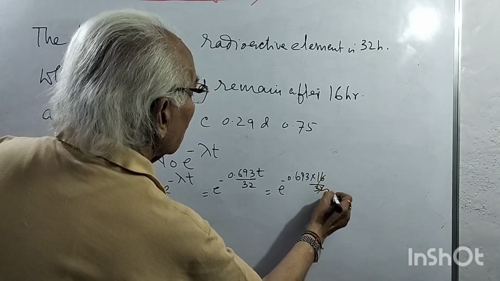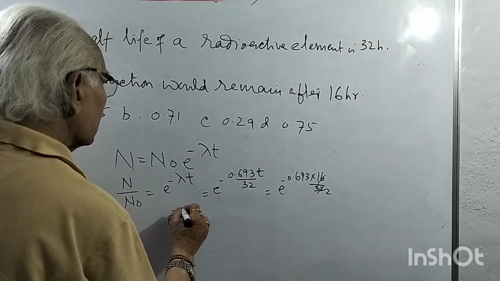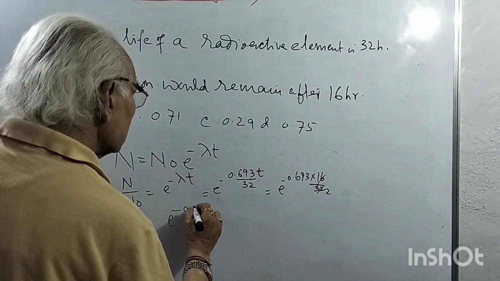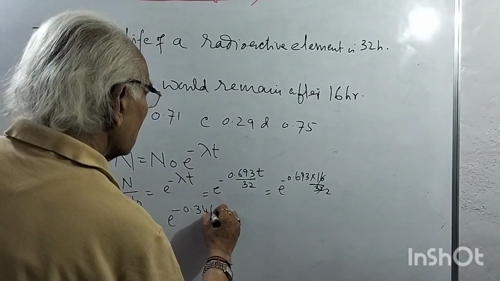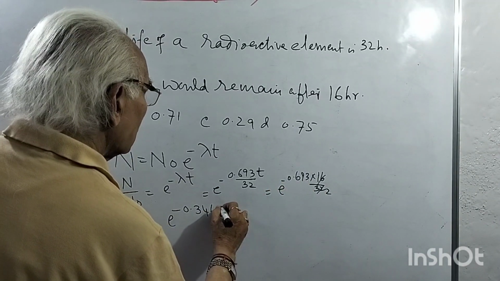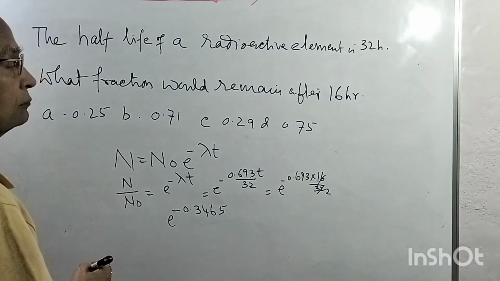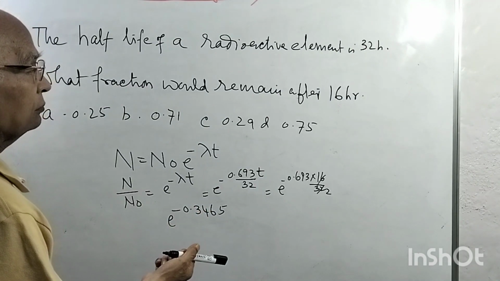So this is e to power minus 0.3465. So just you can find out.